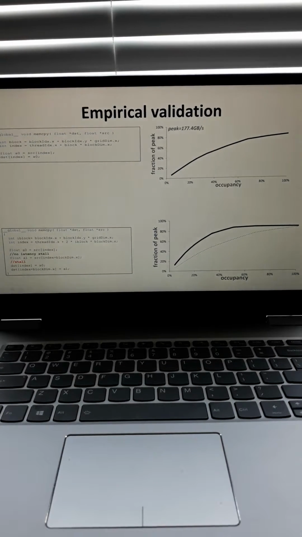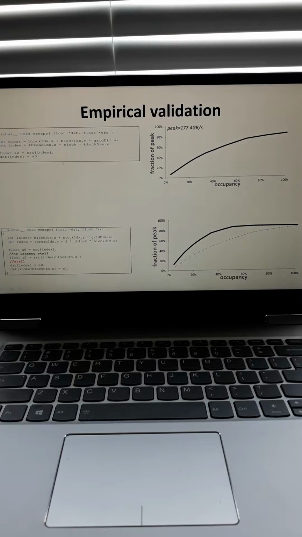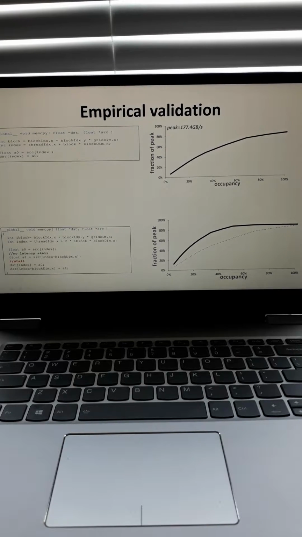Now let's take a look at an example. Here we are copying one float from the memory. Over here we are just having one output per thread, so we are just copying one float value per thread.